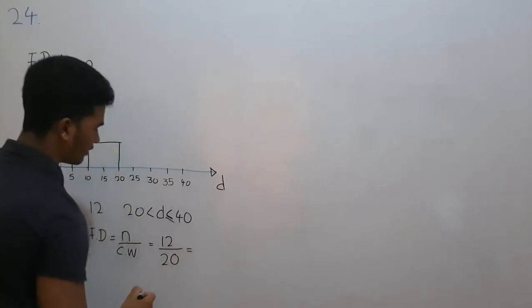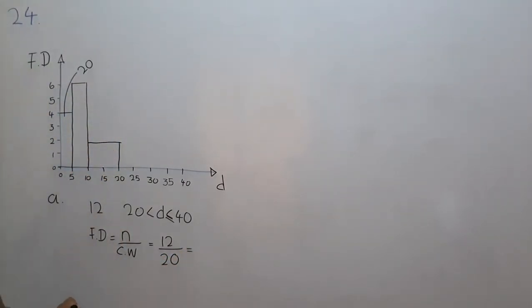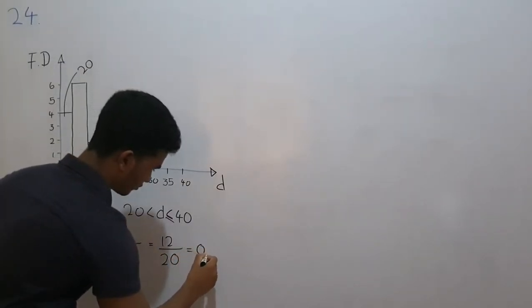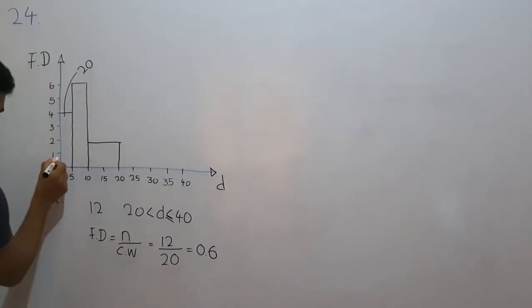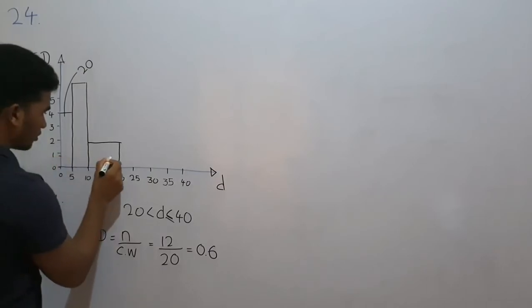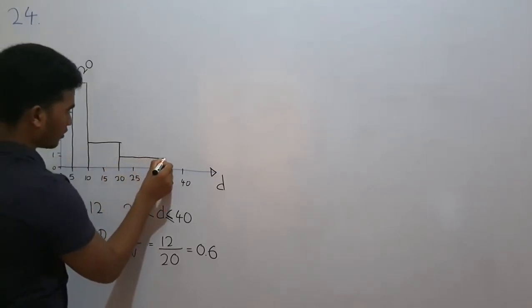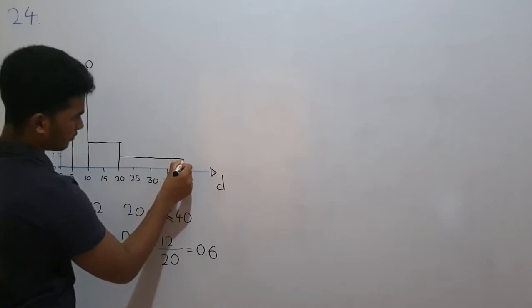So you're getting the answer as 0.6. Go to 0.6, it is somewhere here. So mark it at that interval.